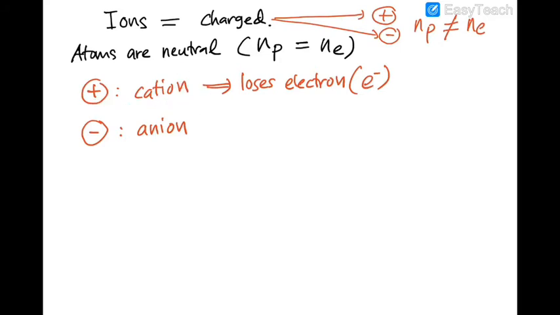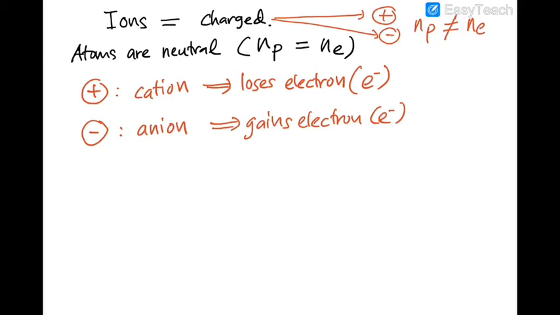On the other hand, an atom could also gain an electron, and because the electron is negatively charged, the atom will now become a negatively charged ion, or we can call it an anion. So we have cation and we also have anion.